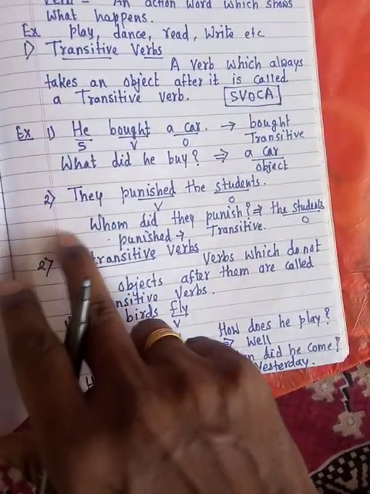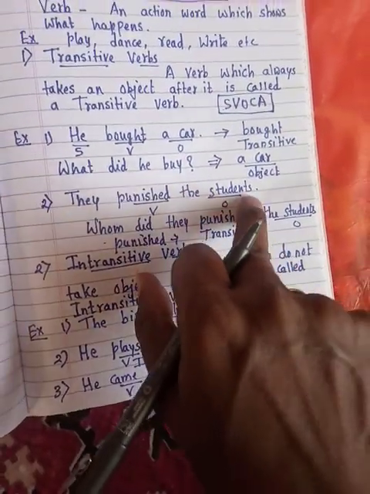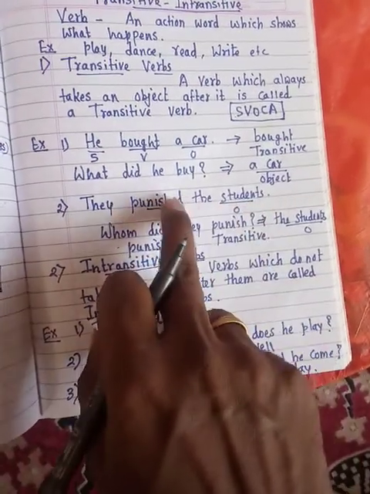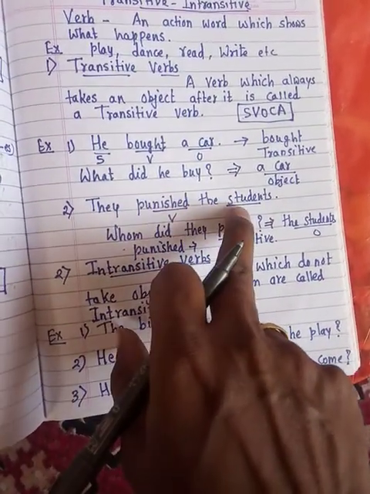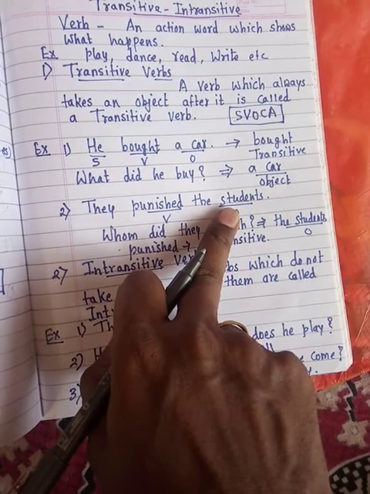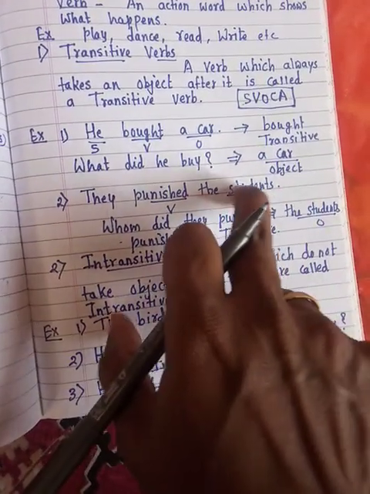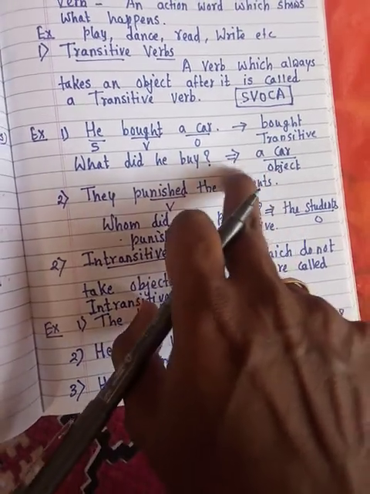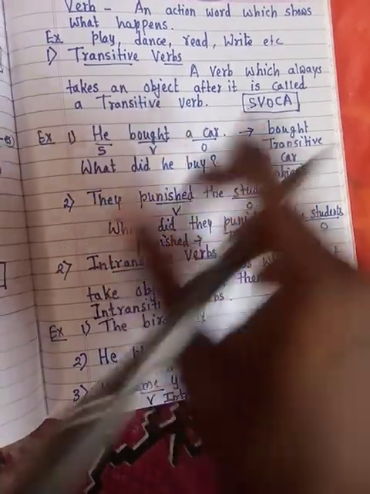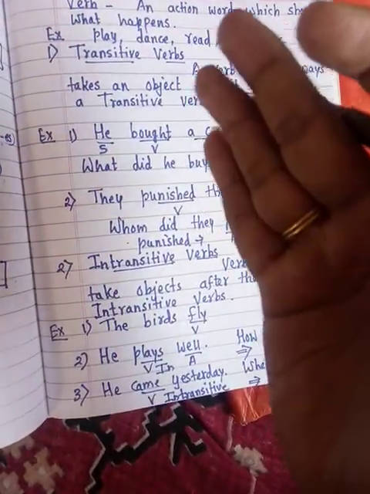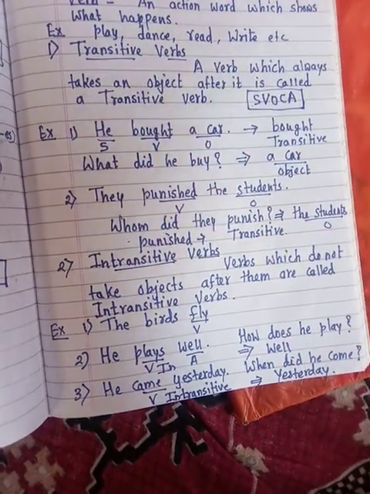Look at the next example. They punished the students. Now what is the verb here? Punished. And the part after punished is the students. Now let us identify whether it is an object or not. Same method, prepare a question using what, who, or whom.